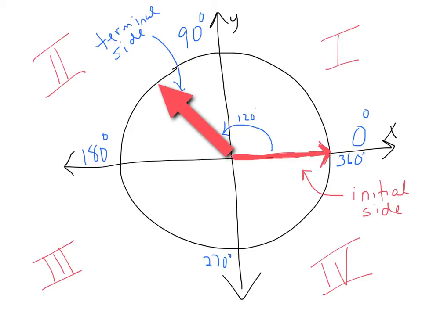Where it begins over here, it's called the initial side, always at 0. The terminal side is where that angle of rotation stops. And then that is the angle of rotation through which it happens. If the angle of rotation is positive, we always go counterclockwise.